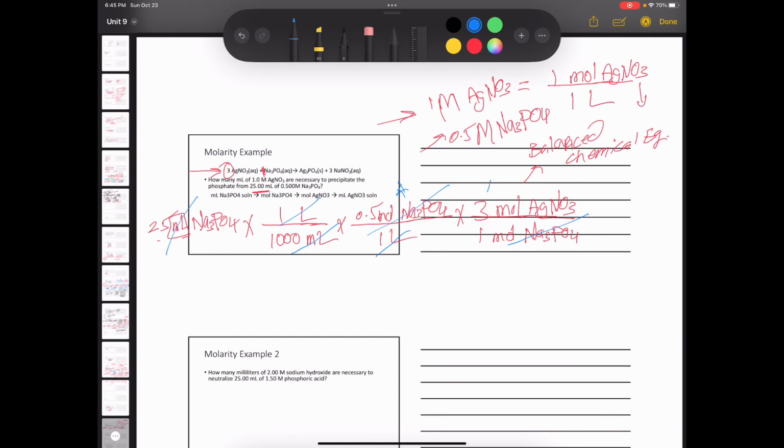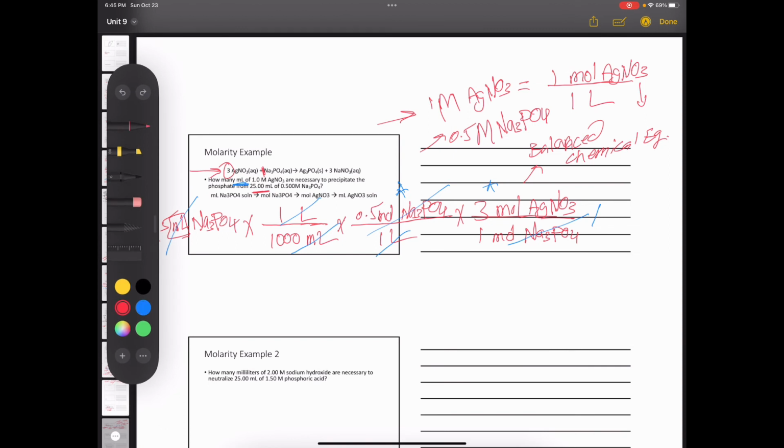I have now moles of silver nitrate, but I need to convert these moles of silver nitrate into milliliters. Remember, the question is asking us for how many milliliters. How can I convert moles into milliliters? We need to do this one in red. By using molarity.